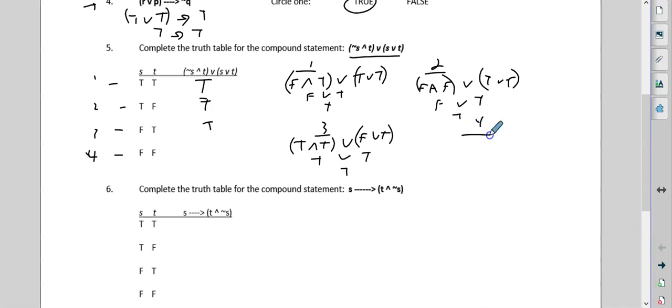And situation 4, false, false. So not false is true, and false, or false or false. Well, true and false is false. False or false is false. So that leads to our final one of finally a false.